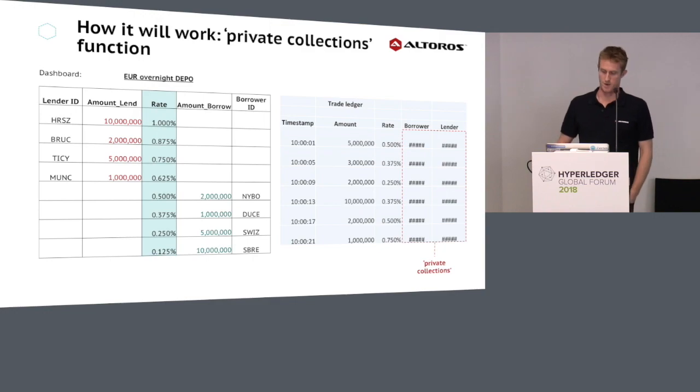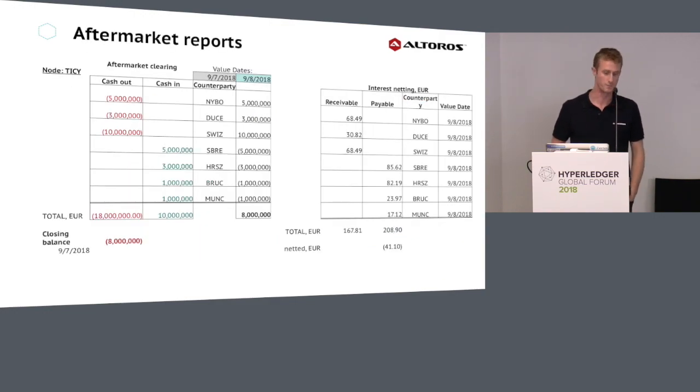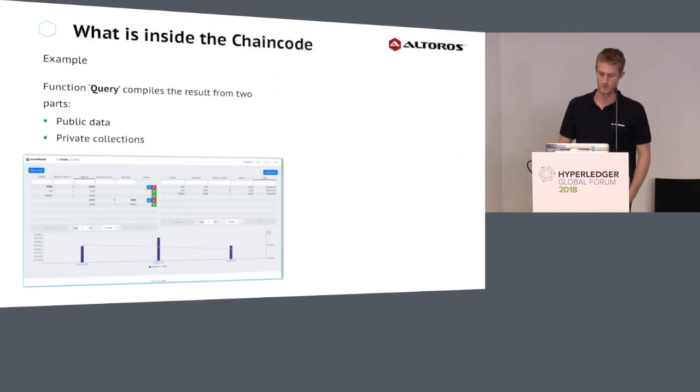So again, just looking at private collections. In the current state of the solution that we built so far, some basic aftermarket reporting, account balance and clearing is built in as well. So you have interest netting and aftermarket cash flow clearing.